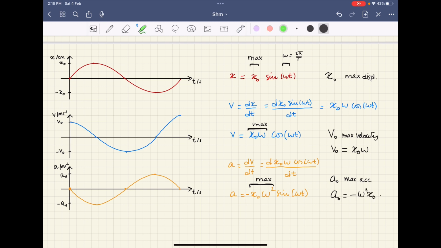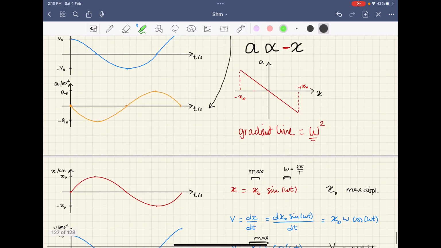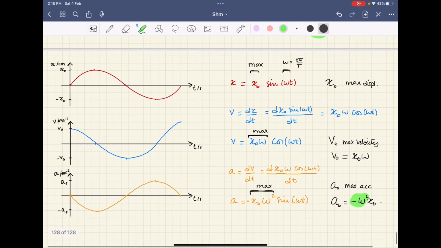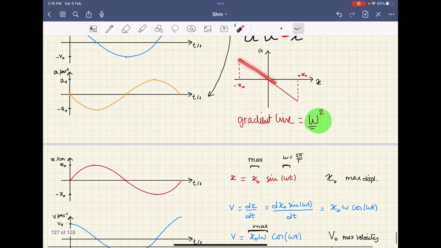Okay, and so look at this. This represents the gradient of our line. And it shows us also the relationship between a and x, and it shows us that they're proportional, and that the factor of proportionality is the gradient.